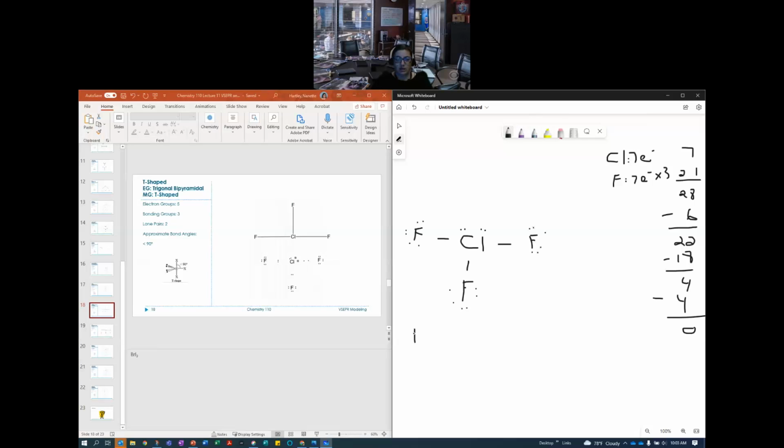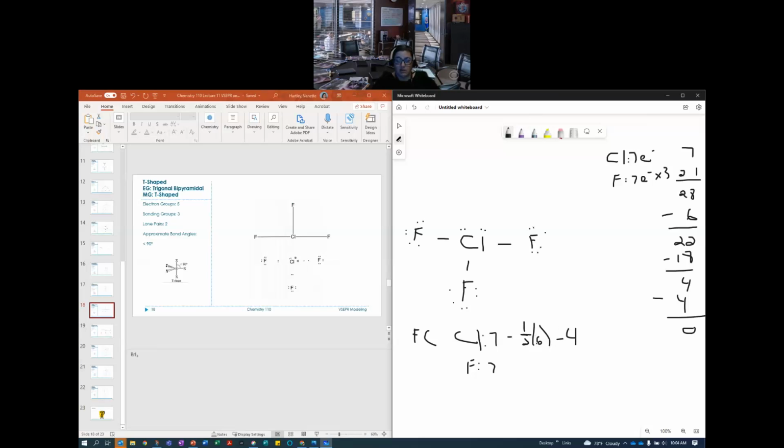If I want to look at formal charge, Cl and F are different. While they had the same number of valence electrons, they do not have the same number of bonding electrons. Chlorine has 2, 4, 6, and then it has 4 non-bonding electrons.